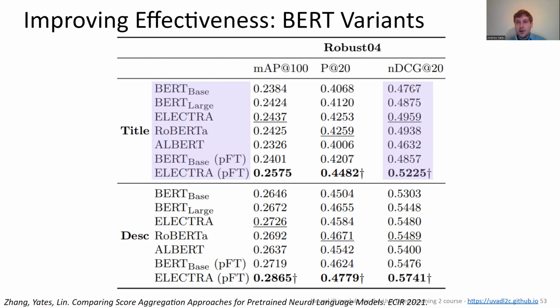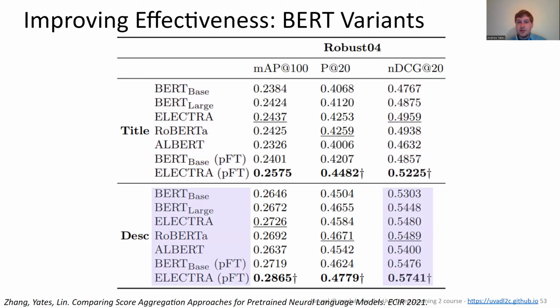We see a little bit of a drop. Same thing with Electra, a bit bigger drop though, 0.49 to 0.52. If we look at the other methods, they are a little bit lower than Electra. ALBERT is significantly worse. RoBERTa is a bit worse. RoBERTa with pre-fine-tuning does not perform as well as Electra here. All this to say, this seems like a good BERT variant for IR in the sense that it performs a bit better across a few different data sets.